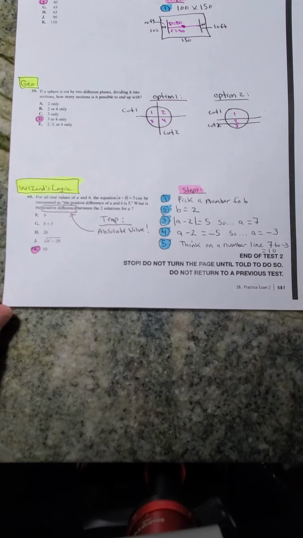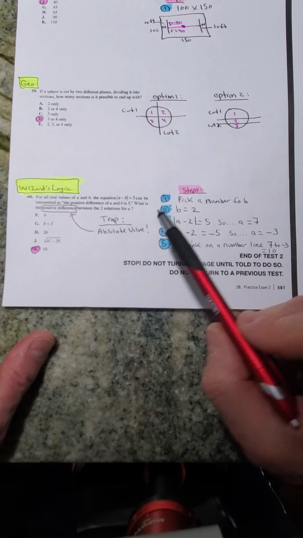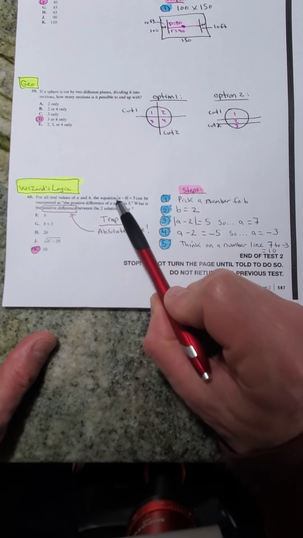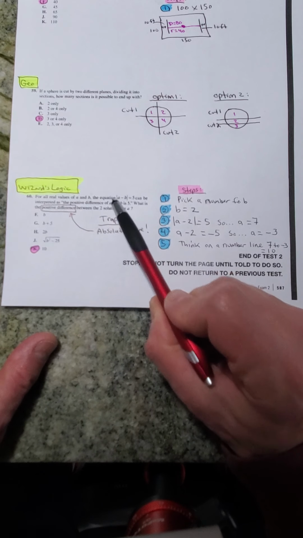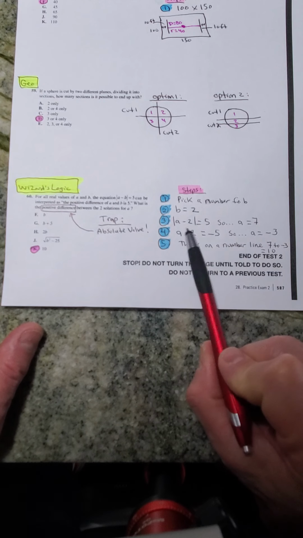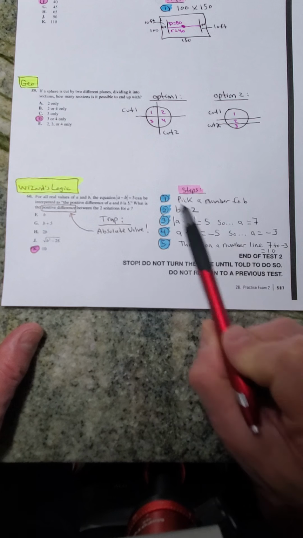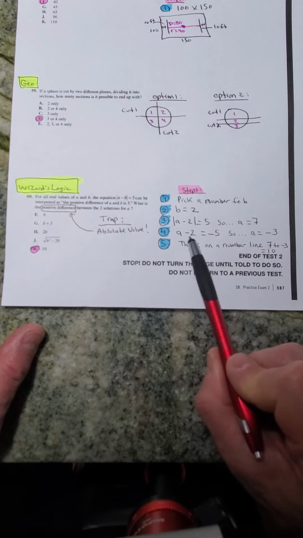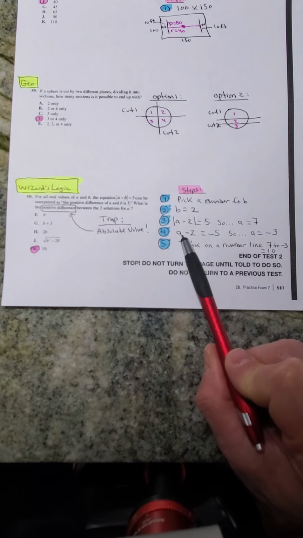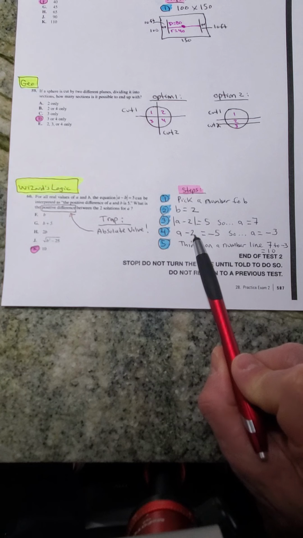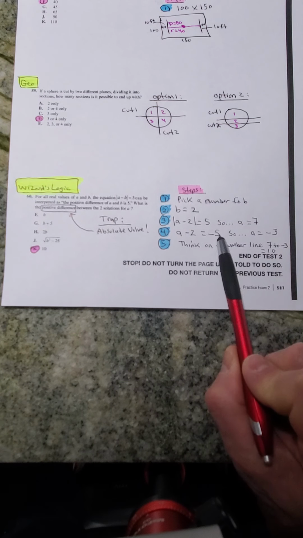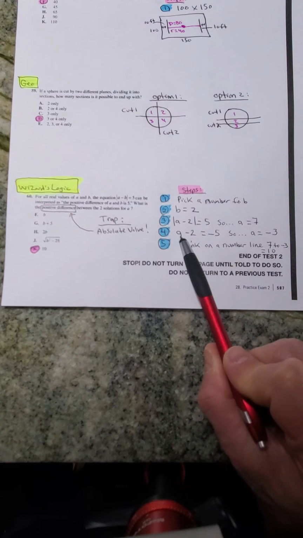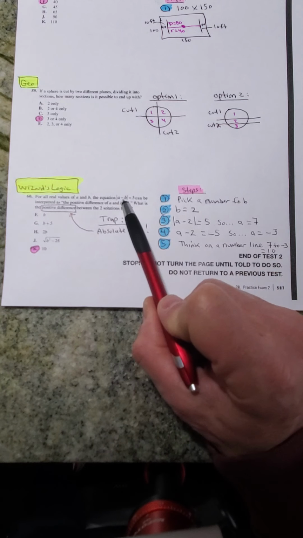You with me? Once I calculated that out, you have to keep in mind that we've got our absolute value here. So now what we need to do is think about the negative of that, a negative 5, because A minus B could equal a negative 5. All right, so what do we have here? Now we have in step 4, A minus 2 equals negative 5. So what's A going to equal in this particular solution?